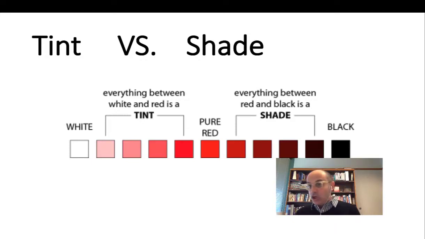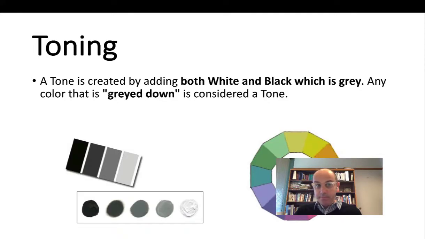And again, I did not talk about the importance of white versus black in the schema of colors, which is also part of our discussion of color theory. Toning is the combination of black and white, which is gray, to make a gray tone, which means to calm it down.